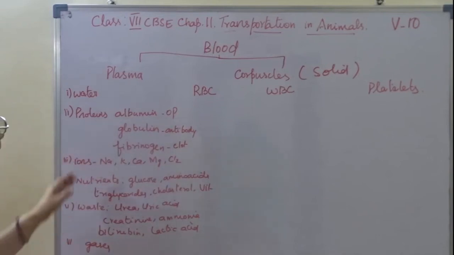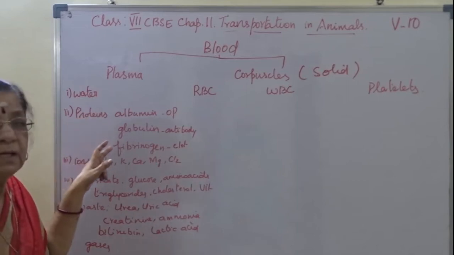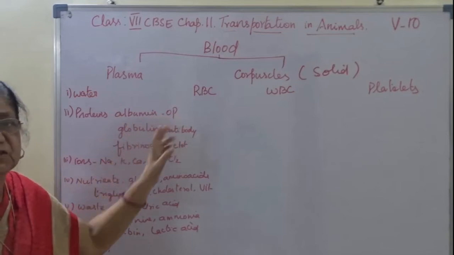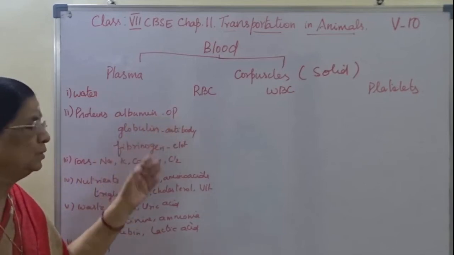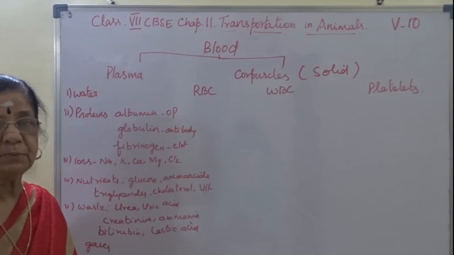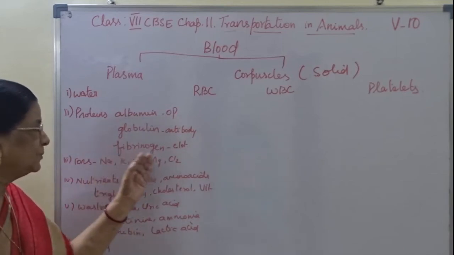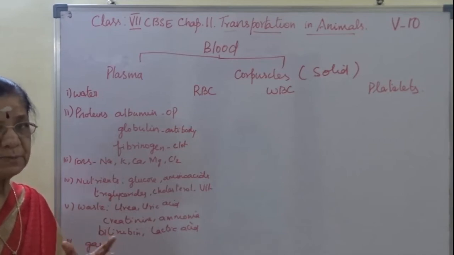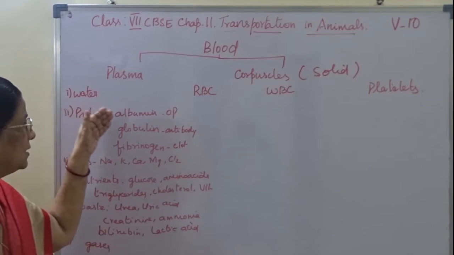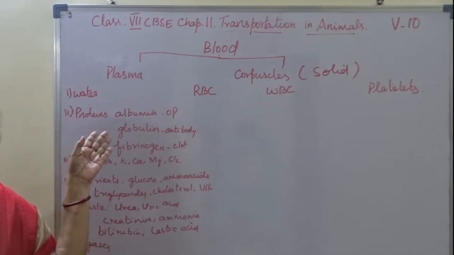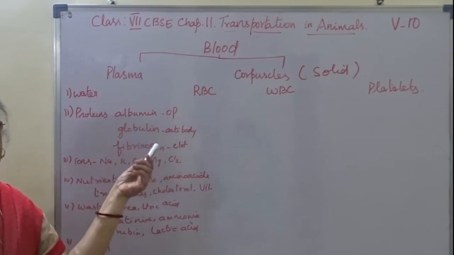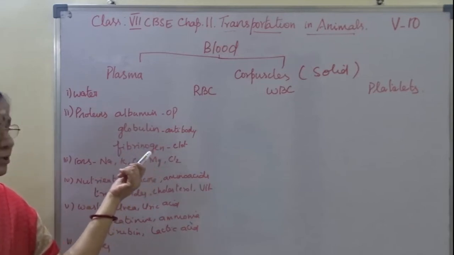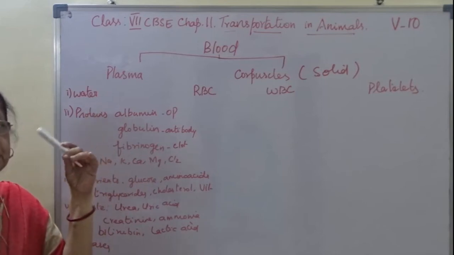Albumin maintains osmotic pressure, globulin is meant for antibody formation, and fibrinogen takes part in blood clotting. This is for plasma proteins.